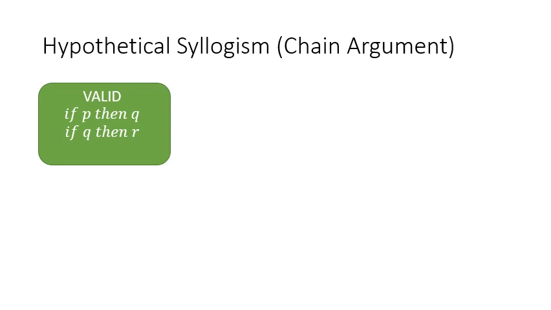It turns out with hypotheticals or conditionals, if you do that, then you can conclude that if the first thing, then the last thing. So the Q falls away, and you're left with the first and the last bit of the chain.